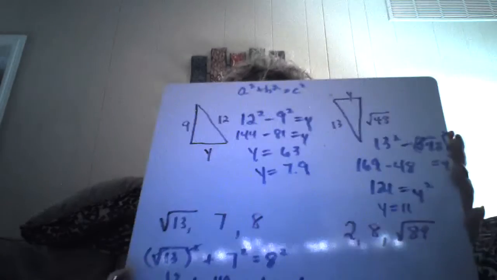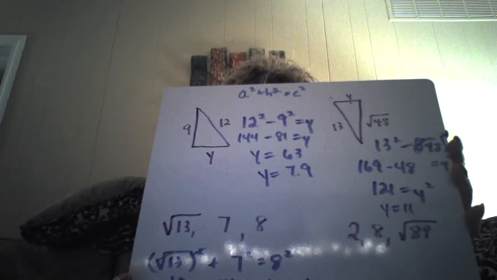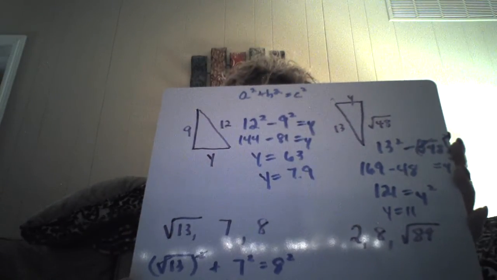Now we're going to check our last one, and the numbers are 2, 8, and the square root of 89. So 2 squared plus 8 squared should equal 89 when we take the square root of that and it goes away. What I know about numbers, I know that's not going to work. So we have 2 squared, which is 4, and 8 squared, which is 64.